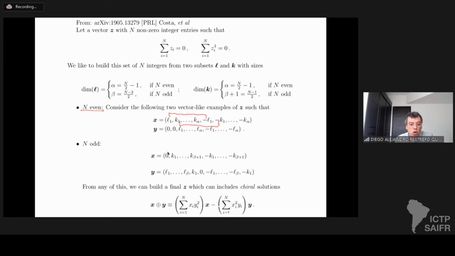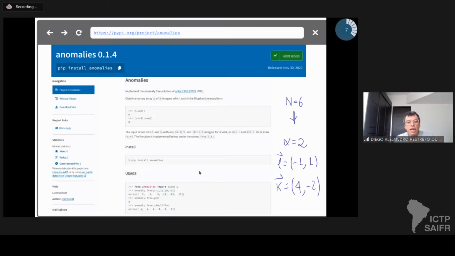There is also an assignment for n odd that involves a different dimension, but also very low. When you have this trivial solution, you can build a more general solution by this operation, and this operation can also give us a chiral solution. So the idea is to search for the chiral solution through this straightforward procedure.